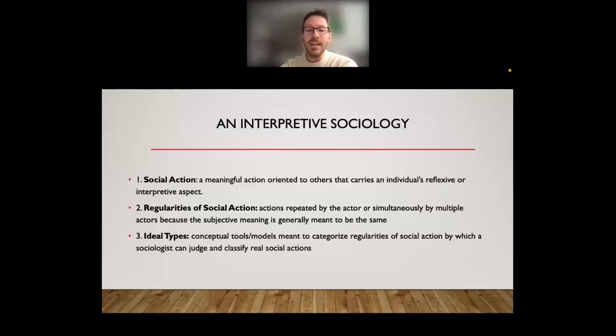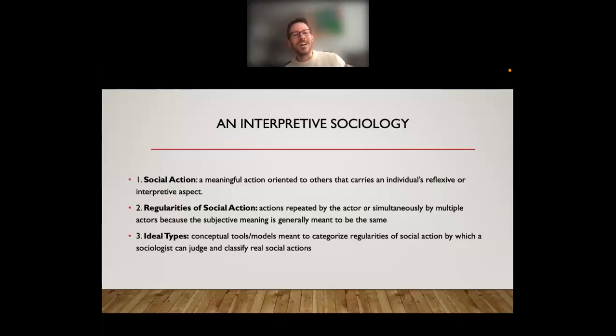Now, society then is created through regularities of social action. So these are when actions are repeated by either the actor or multiple actors, because the subjective meaning is generally meant to be the same. So we could think about on Valentine's Day, when you give flowers to your partner, the reason we do that on Valentine's Day is because collectively we agree that the meaning of flowers is a demonstration of love.